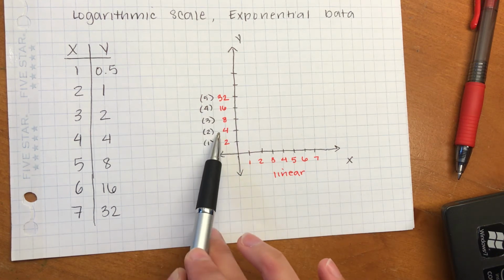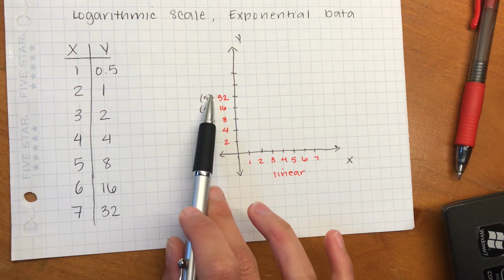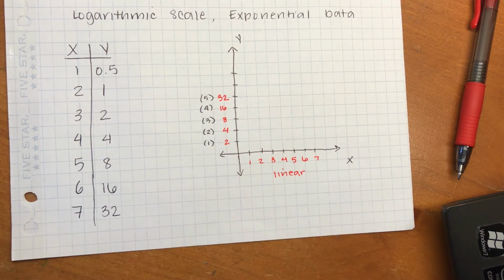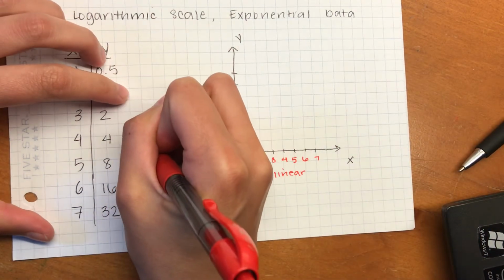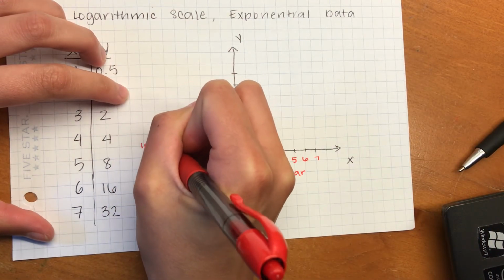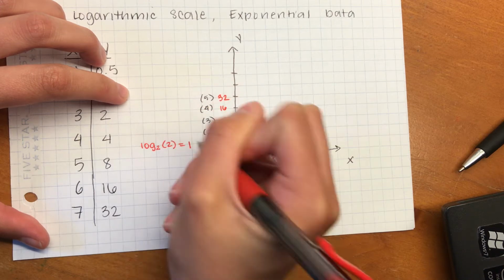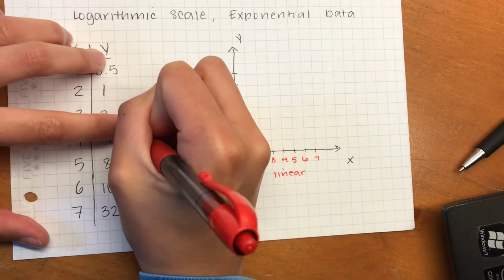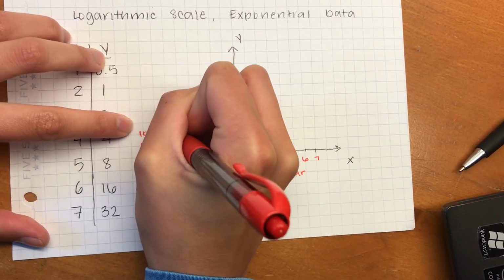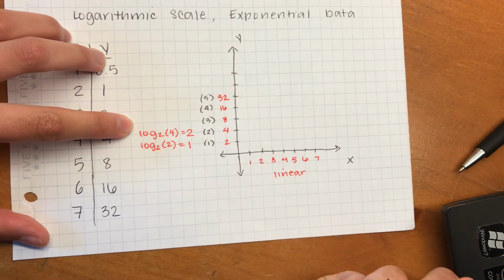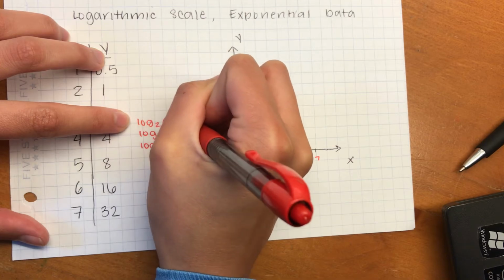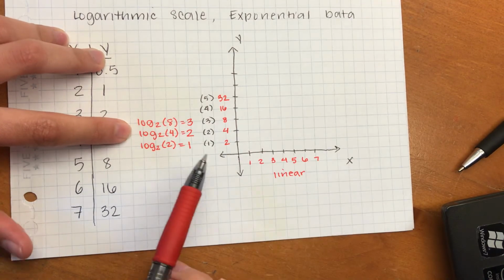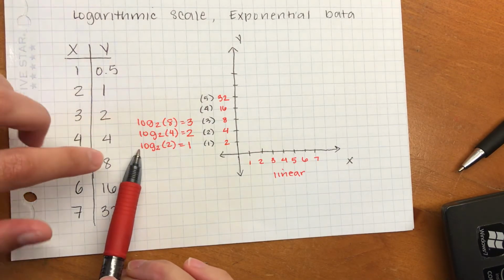So I'm multiplying by 2 each time. But the reason this is called a logarithmic scale is because if I took the log base 2 of 2, that would be 1. If I take the log base 2 of 4, that would be 2. The log base 2 of 8, that would be 3. You get the idea. This is what we were doing yesterday.